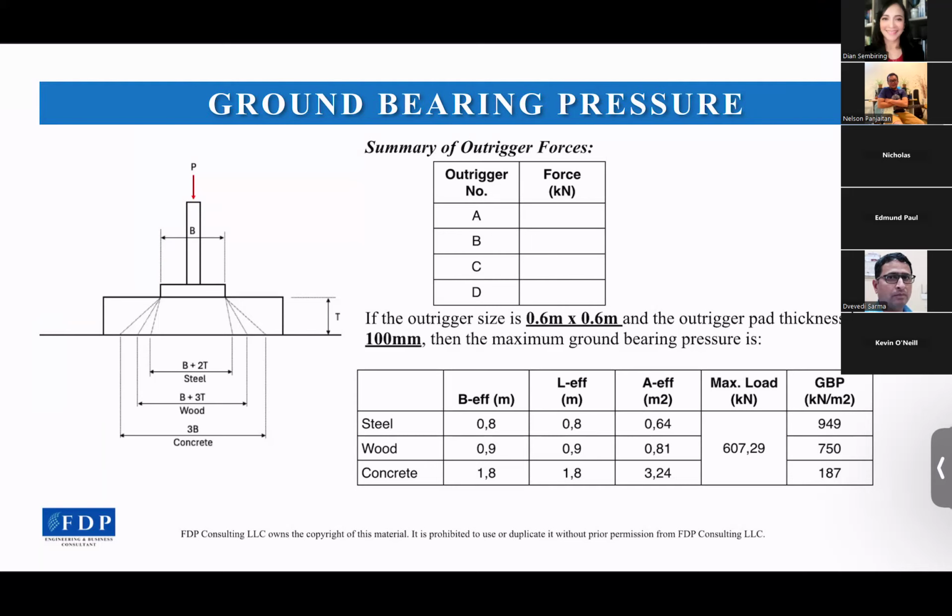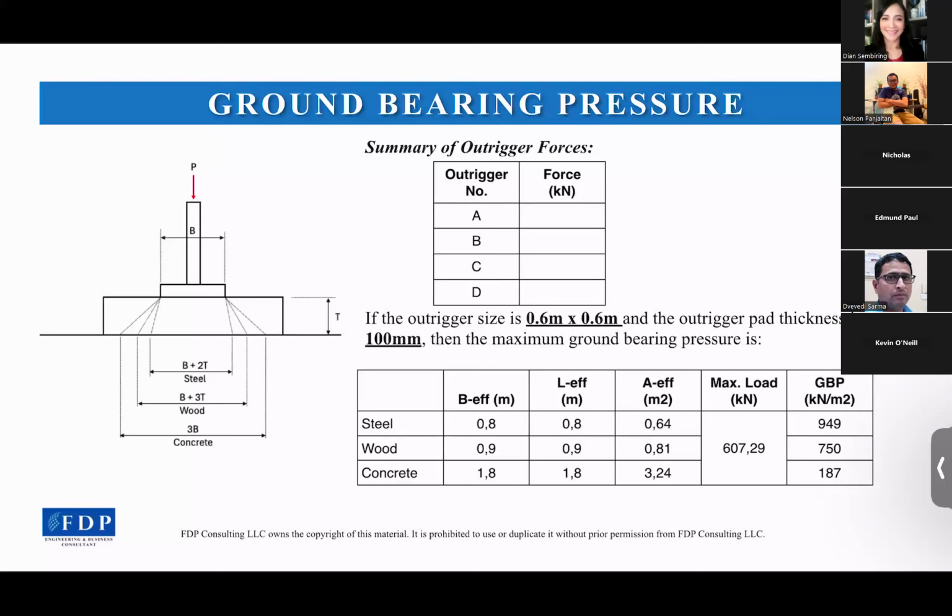But I had a concern, like steel, wood, concrete, whether the material is going to affect the ground bearing pressure. Because the thing is, it depends on the area. That is what we have to concentrate on, right? Because the maximum load is 607.29 kN, and you are going to take it with the area.